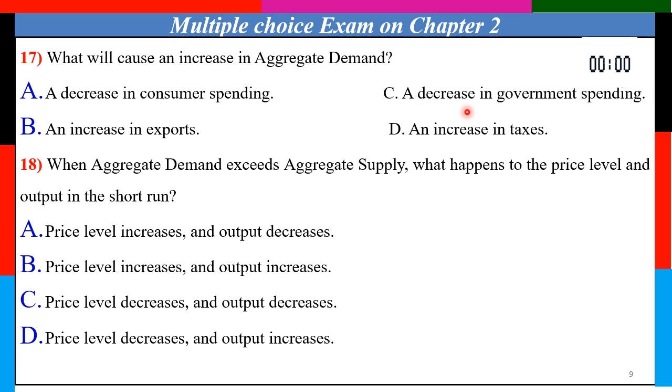C. Decrease in government spending. D. An increase in tax. B is the answer.